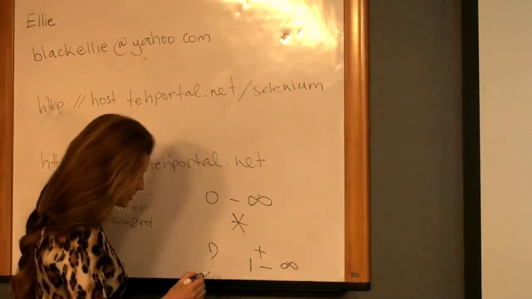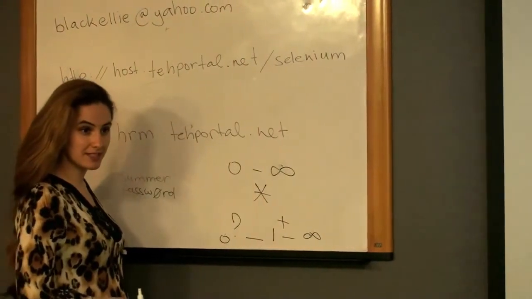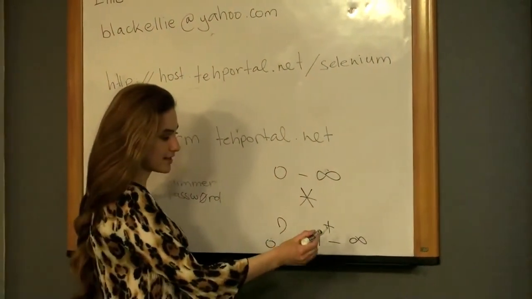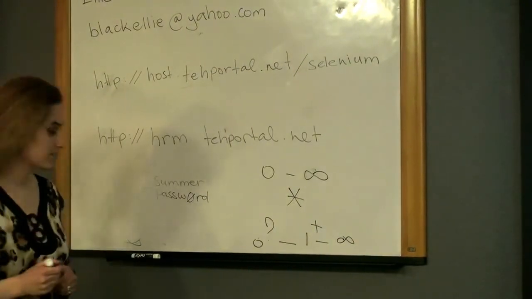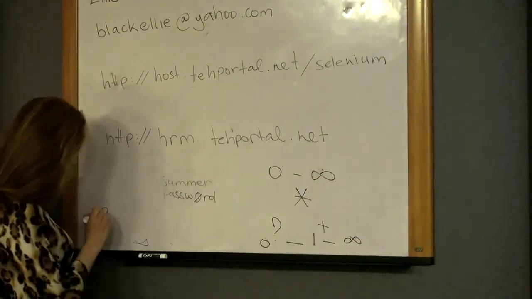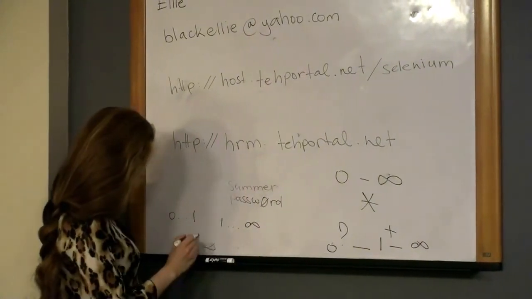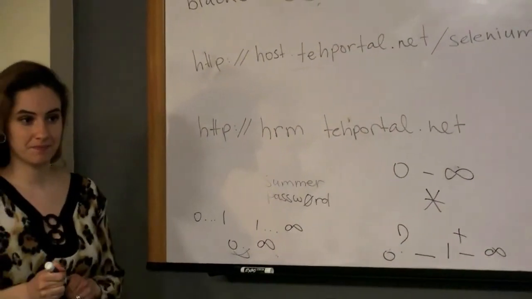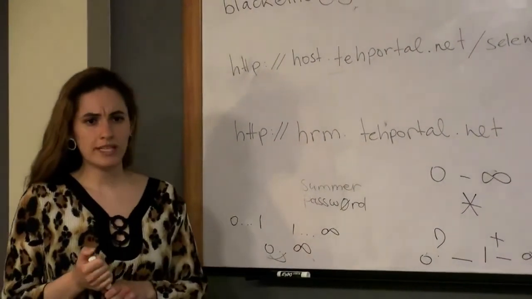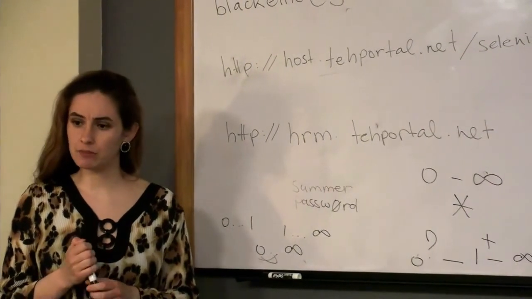And question mark is 0 to 1. So you have 0 to 1, 1 to infinity, and 0 to infinity. Make sense? What if I want to match 2 of something? Or I want to match between 3 and 5 of something?